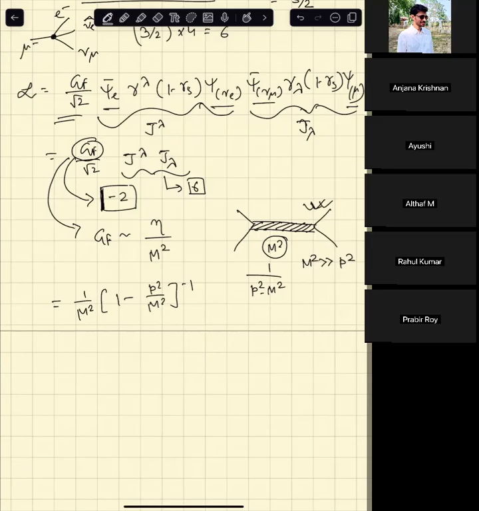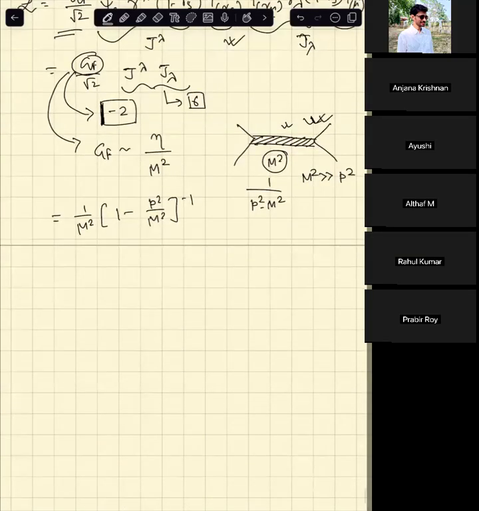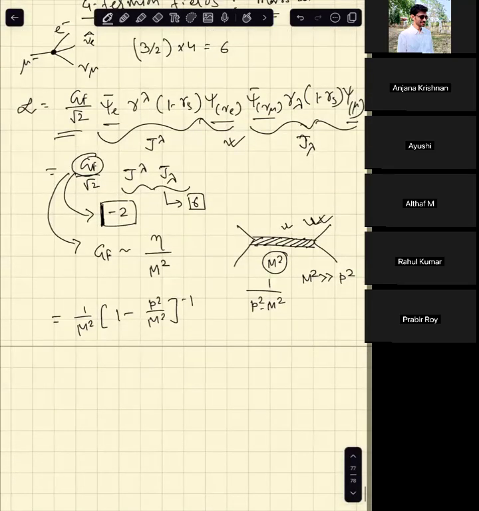But when you perform the experiment or look at the decay of this muon at very low energy, that means the momentum transfer is very small. There, this one is approximated like this. Okay, and this is very important, because this can also be described by the standard model.